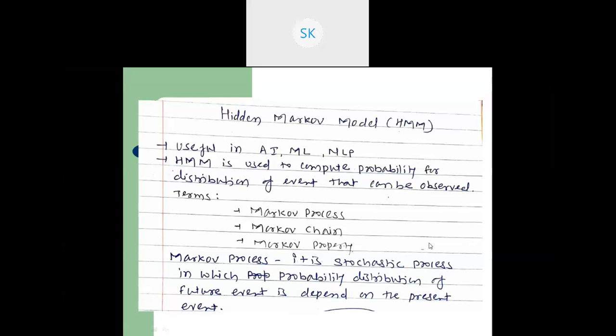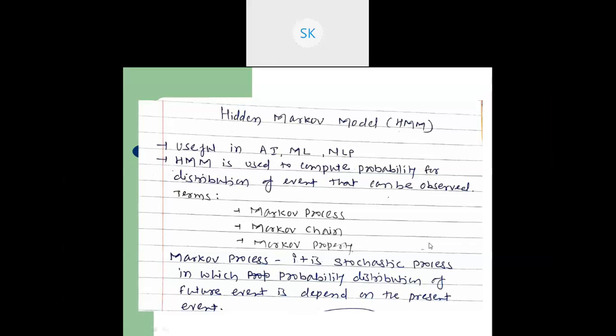A Markov chain is a sequence of states, like sunny to foggy and foggy to rainy. This will be one Markov chain. Likewise, there will be many Markov chains, all the possible combinations. Markov property we'll see ahead.